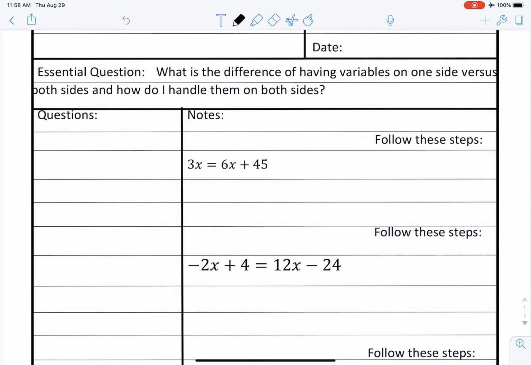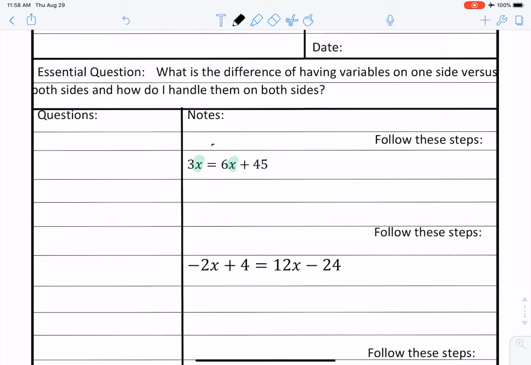Our first example, we have 3x equals 6x plus 45. And what you will notice, our variable x is on both sides. I have a 3x here and a 6x here. Whereas before, our variable would be already on one side, and we just get rid of any number surrounding the variable.